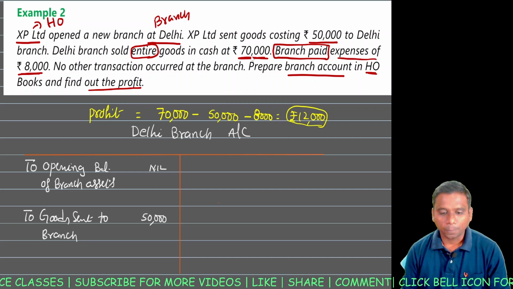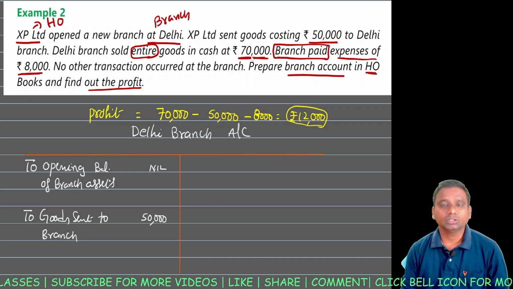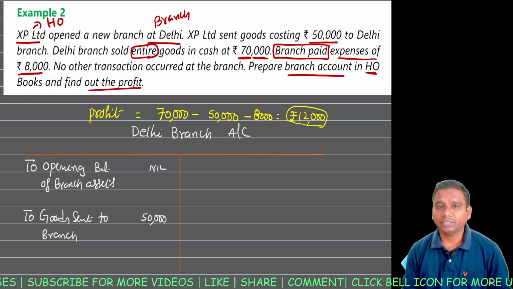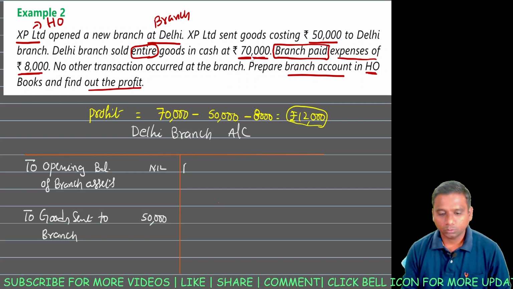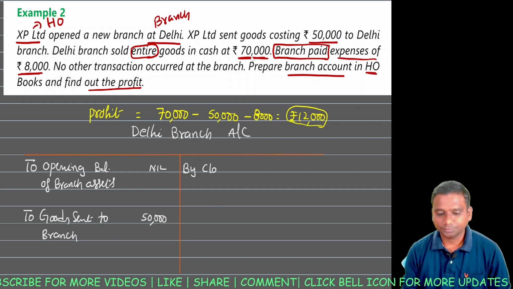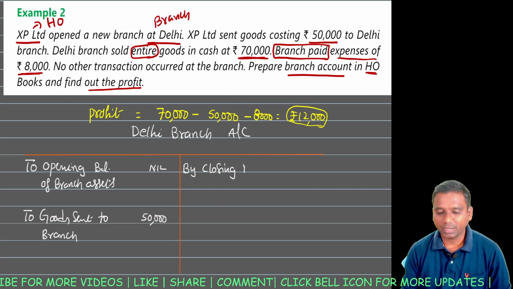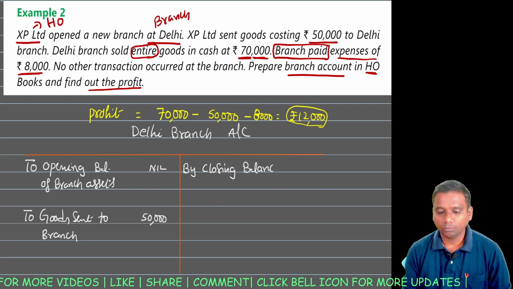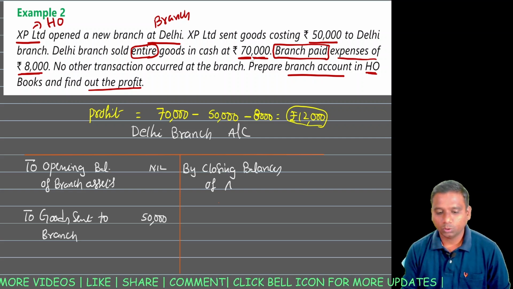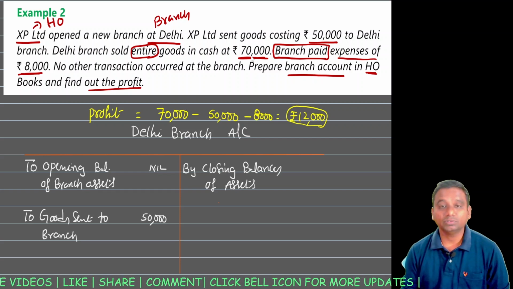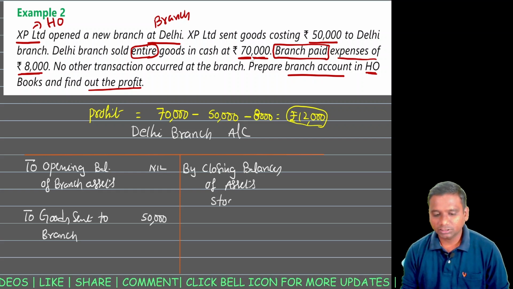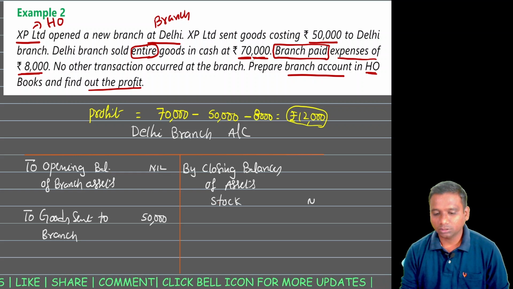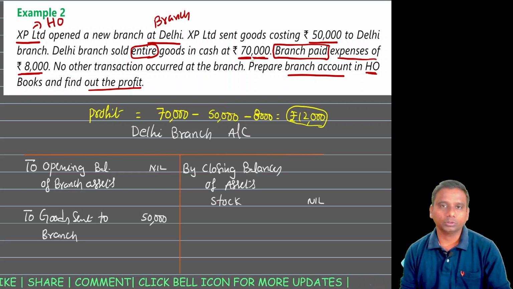Right. Now, any amount received from branch? No. Any goods returned by branch? No. Okay. Now, write down closing balances of assets. Do you have any stock? No, because all stock is sold.